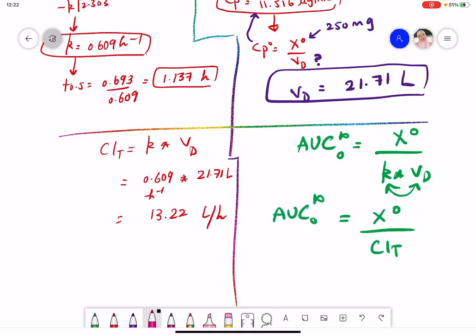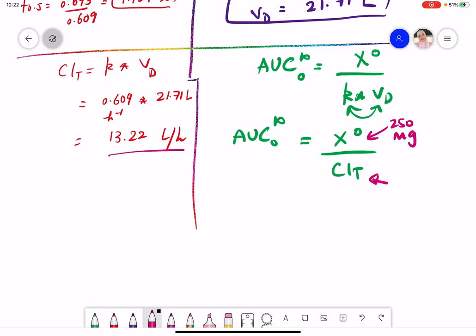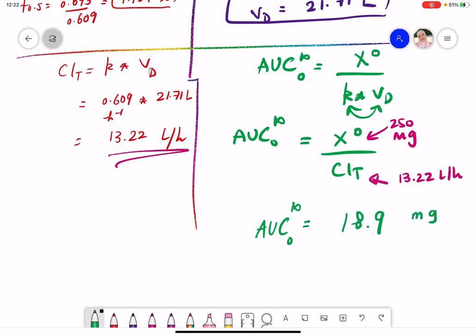Do we have those? Yes, this is 250 milligram, and this is the one that we just determined, liter per hour. So the area under the curve, which is total from 0 to infinity, equals 18.9. If you look at the unit of this, it would be milligram over liter per hour, or milligram hour per liter.